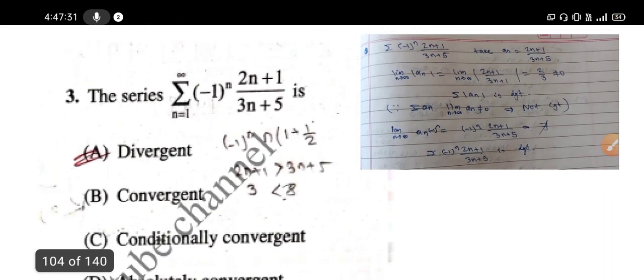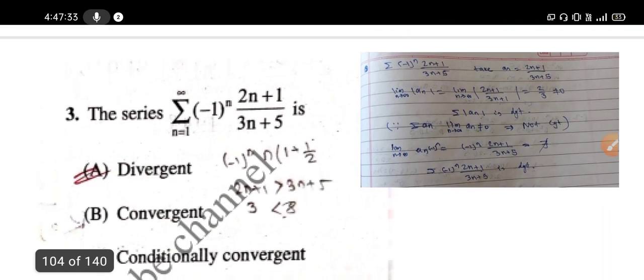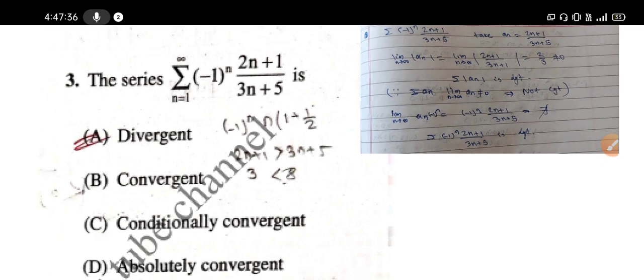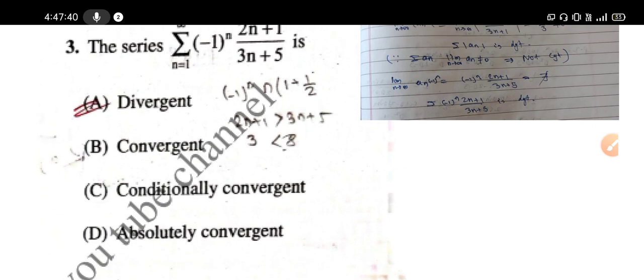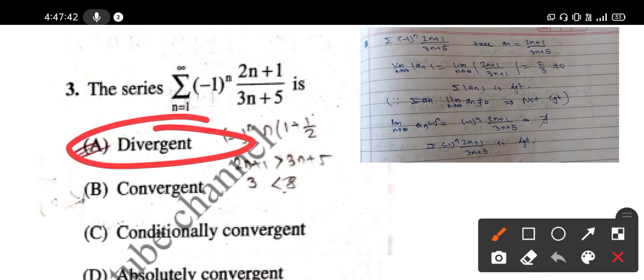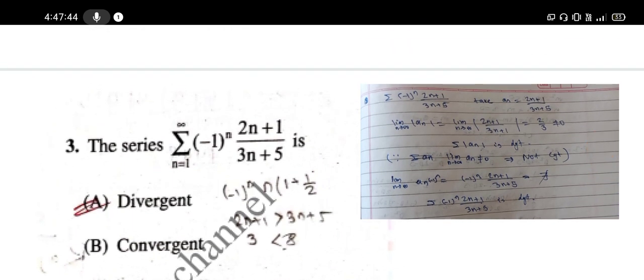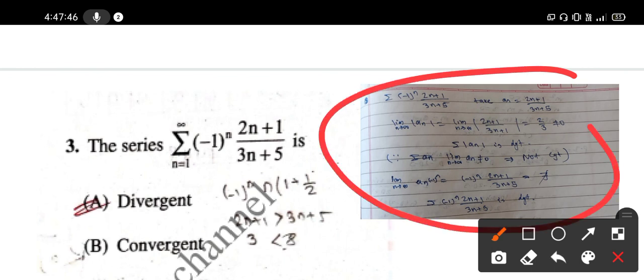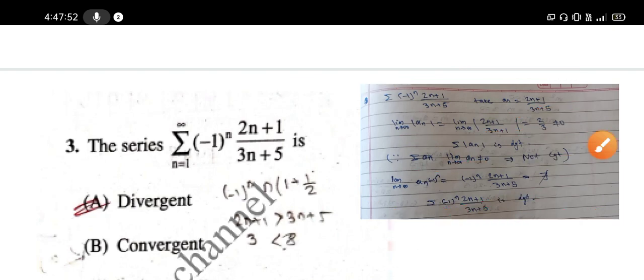This is from 2020 real analysis. The series sum, n runs from 1 to infinity, of minus 1 raised to n, times n plus 1 upon 3n plus 5. Here the option is divergent. This is the solution of this one. You can check.